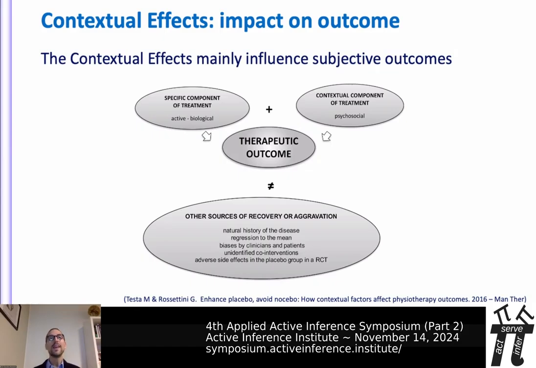For example, the natural history of the disease can explain the natural fluctuation of symptoms, or the regression towards the mean, which represents a statistical phenomenon. Or, for example, the presence of unidentified interventions, as in the case of patients with musculoskeletal pain who receive a manual therapy or a therapeutic exercise and concomitantly also receive painkillers.